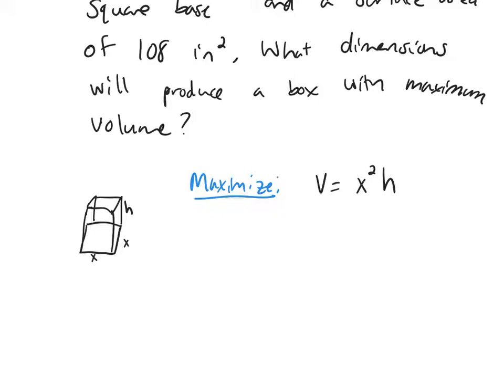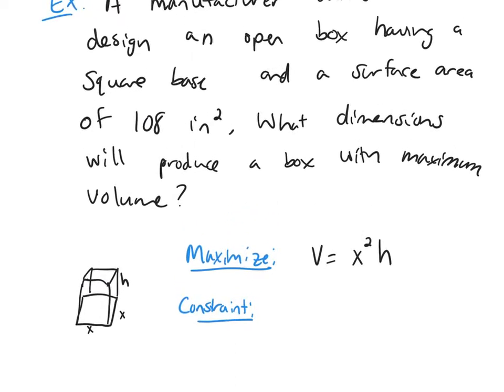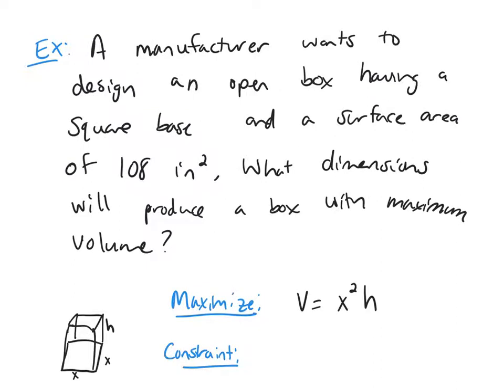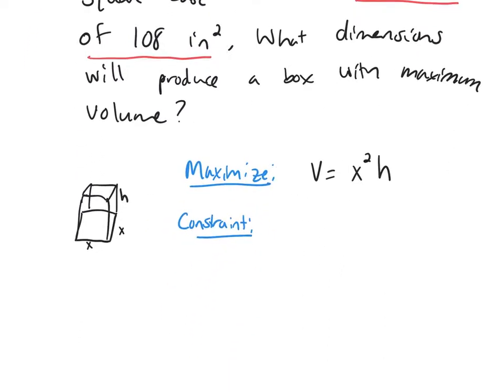And then we have to describe our constraint. So if you look back in the problem, you can see our constraint is the surface area. So we need to calculate the surface area here.